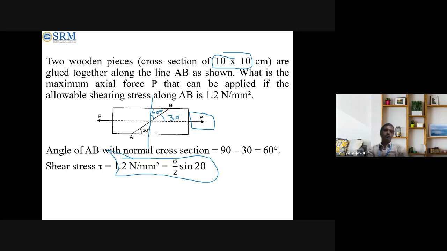Any quick solution? What is the value of P? From this equation, find what is sigma. That sigma is nothing but force by area.